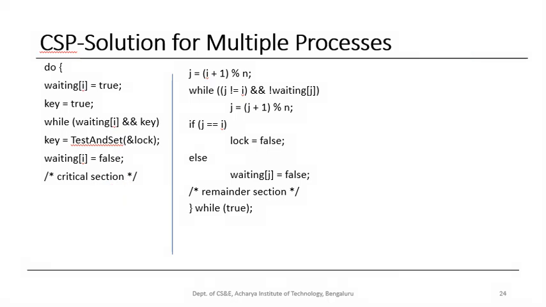So here what I have discussed is another solution which makes use of the hardware instruction test and set. It meets all the requirements of a solution to the critical section problem, that is mutual exclusion, progress, and bounded waiting.